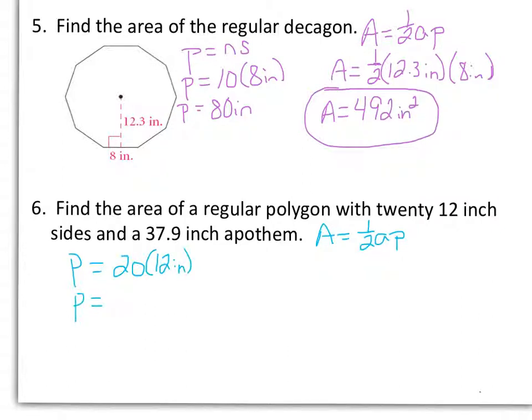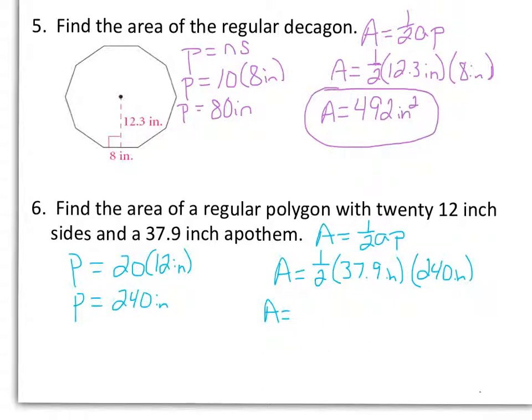So our perimeter is 240 inches. They give us the apothem, so we'll just substitute that in. Area equals 1/2 times 37.9 inches times 240 inches. So our area here is 4,548 inches squared.